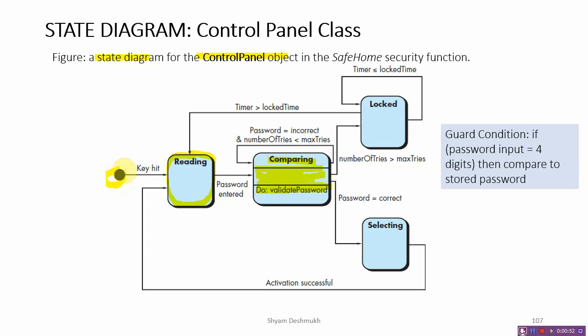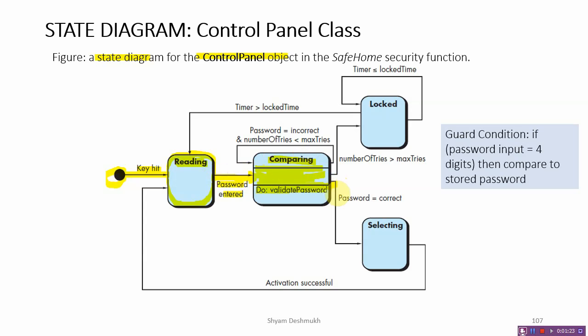So at the very start this object has its initial state. Then when the key hit event occurs, it moves to the reading state, and from the reading state it starts reading the password which is entered by the homeowner. When the password entered event occurs, it moves from the reading state to the comparing state.